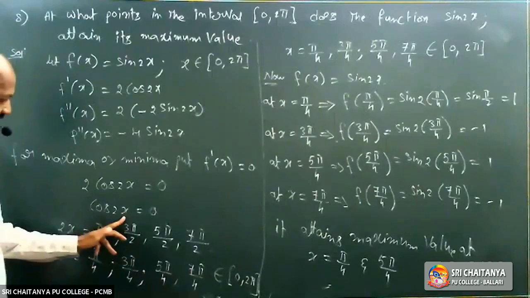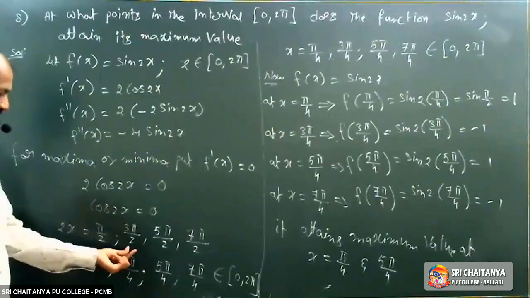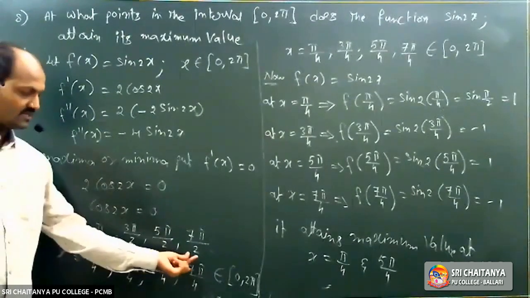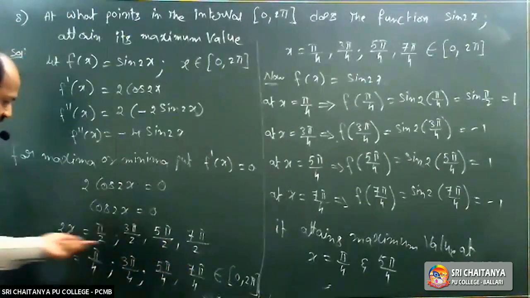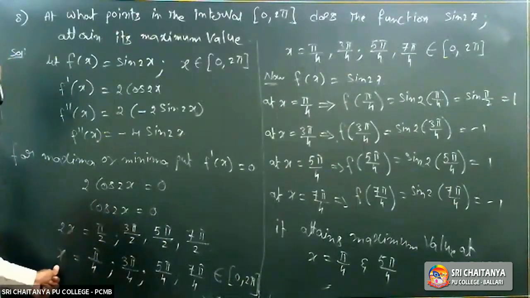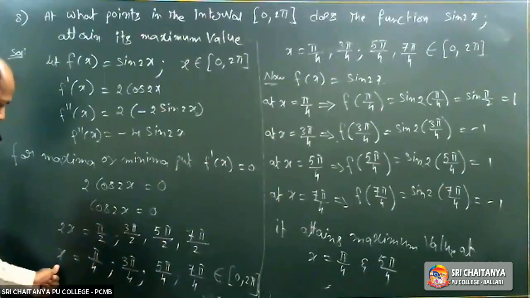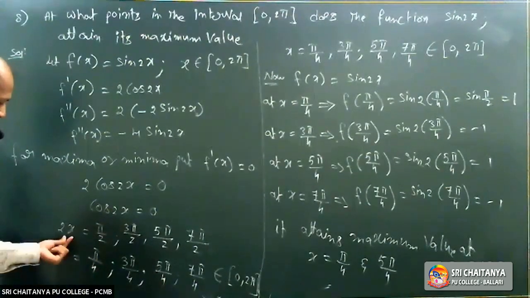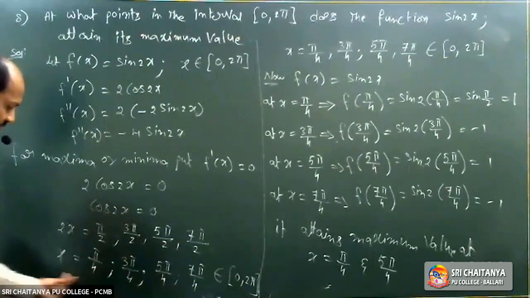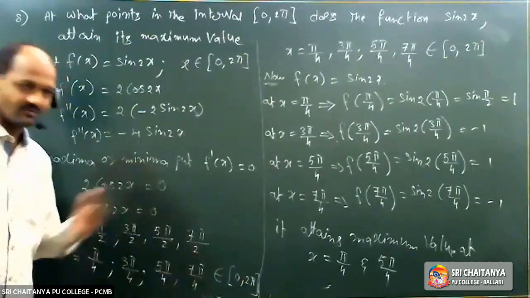That means cos 2x equal to 0. That means 2x equal to pi by 2, 3 pi by 2, 5 pi by 2, 7 pi by 2. Then calculate x value: x equal to pi by 4, 3 pi by 4, 5 pi by 4, 7 pi by 4.